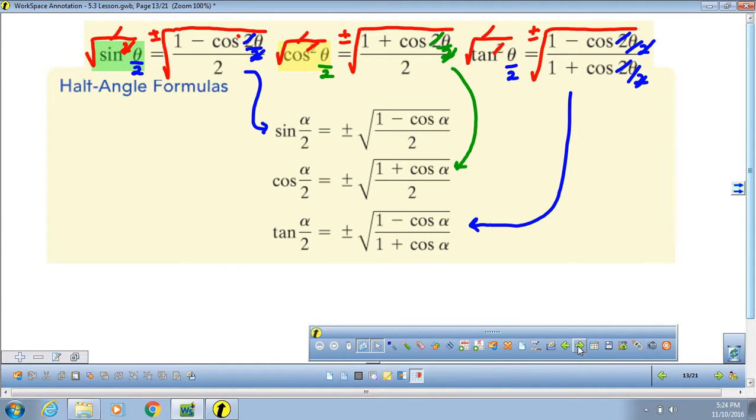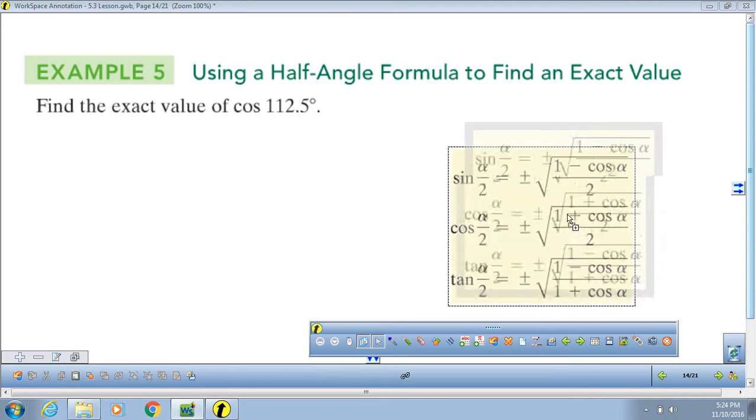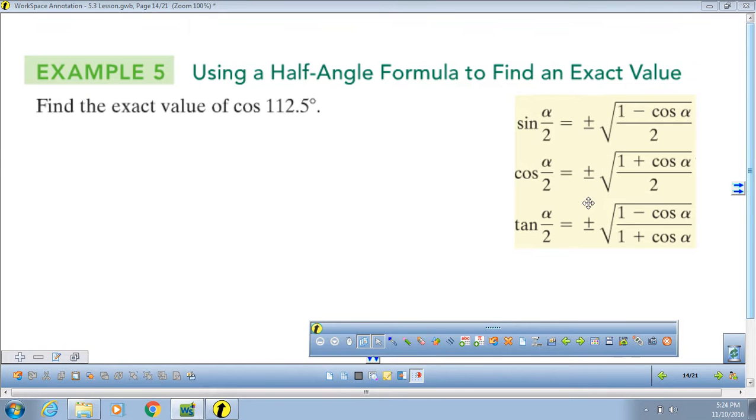But that's where they come from. Okay, let's go ahead and find the exact value of this expression for cosine of 112.5 degrees. So you need to double this angle, and again, there are several strategies. Remember that one of the strategies was that you can try to write this angle as a sum or difference of two special angles, right?